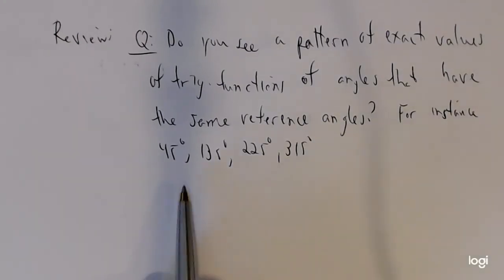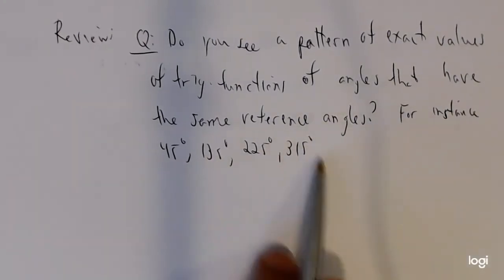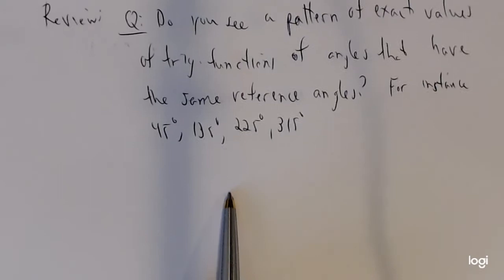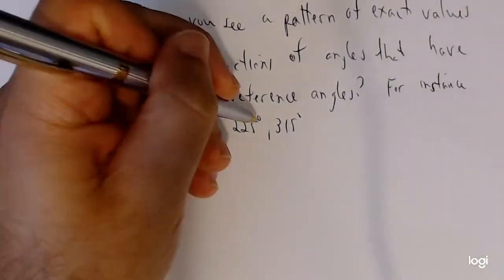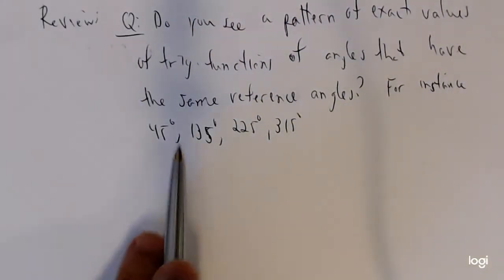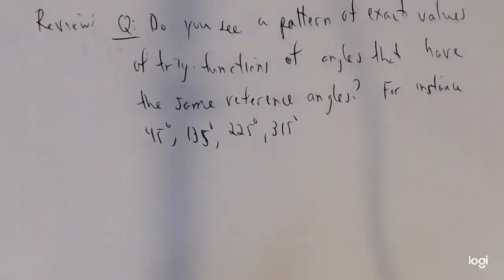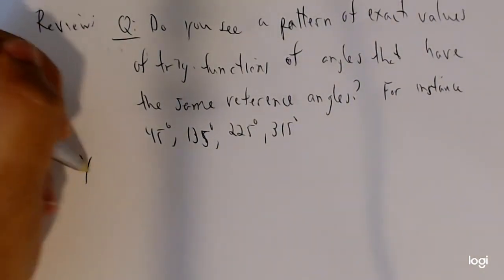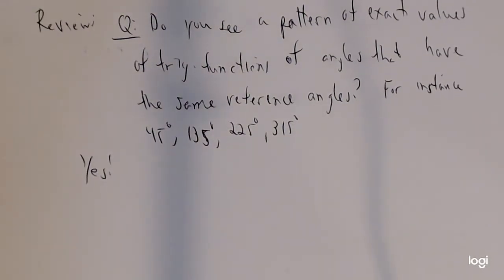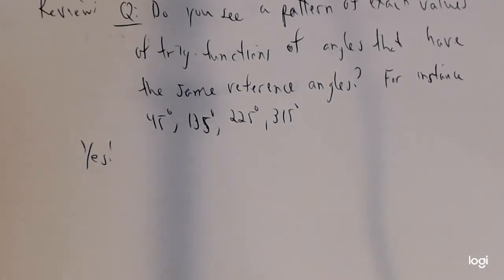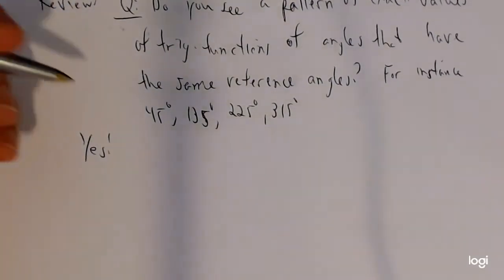So do we see a kind of pattern here? I'll show you in a minute, but these angles that I've picked, even though they're different angles, they all have the same reference angle. So we're going to see the importance of a reference angle. The answer to this question is yes, there is a pattern. Anytime we see a pattern, that's good news because you have a good idea as to what the answer to your exact values are going to be.